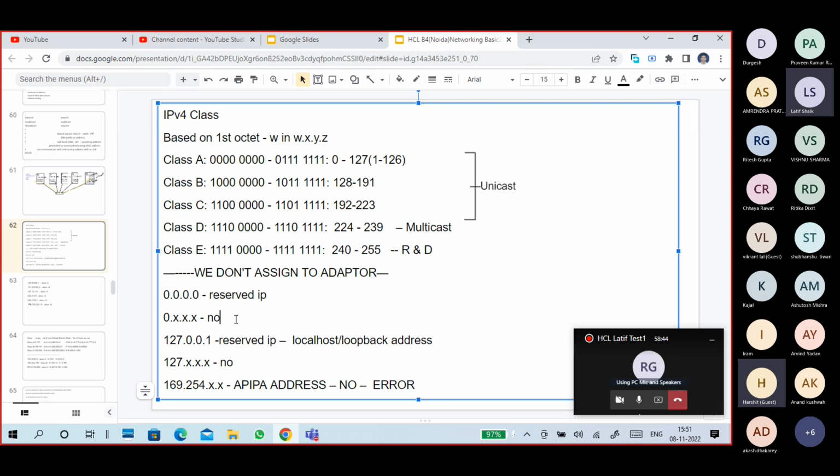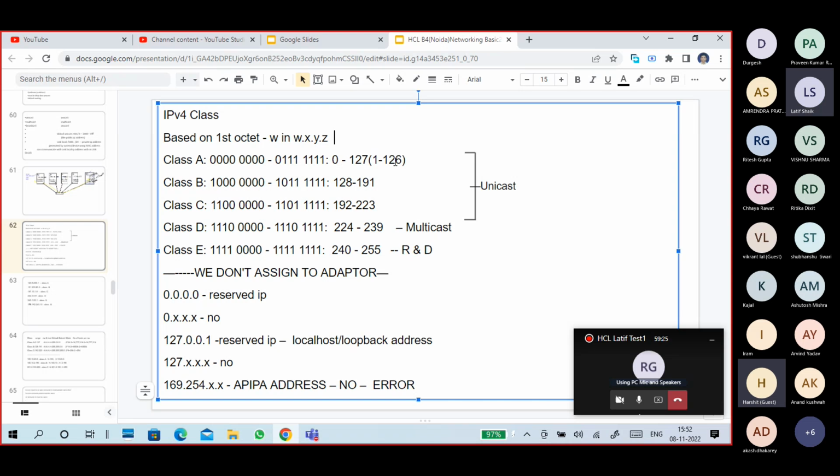This entire 0 series we don't assign to any device. The same goes for 127.0.0.1. It's a reserved IP address, for localhost or loopback. The entire 127 series we are not using, meaning we don't assign it to any device or any NIC. We cannot assign.